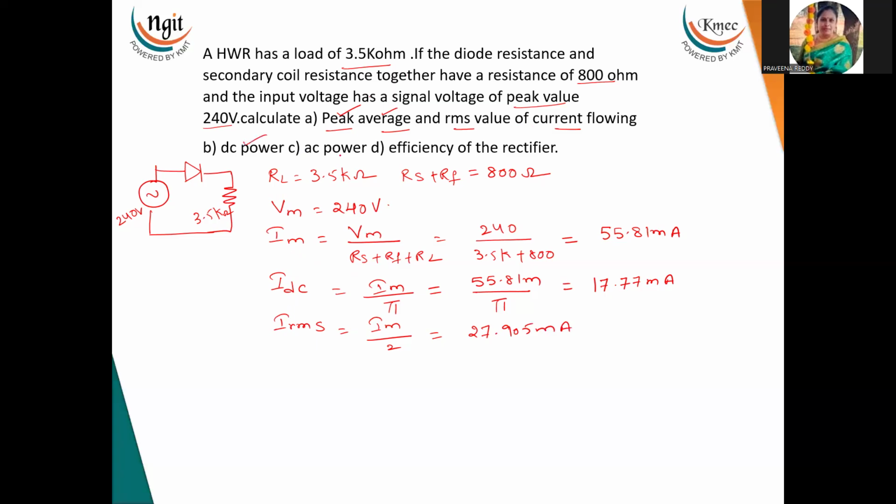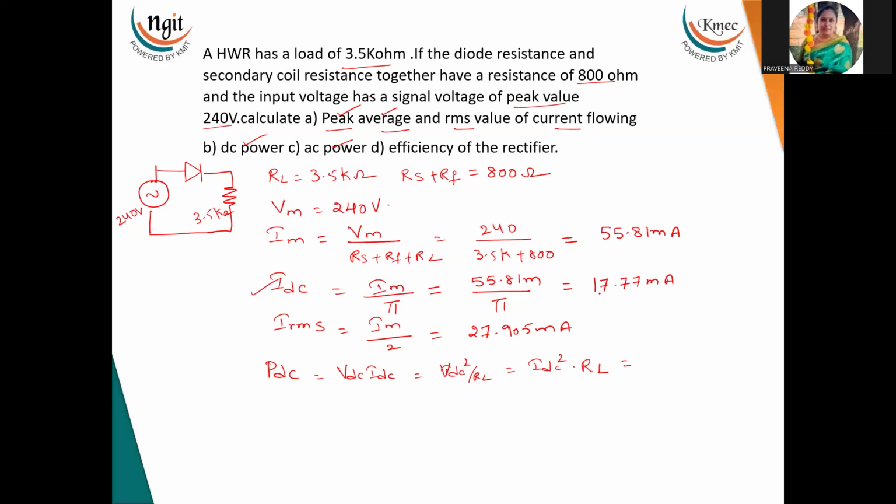Now, all the currents we derived. Now, DC power and AC power. So, DC power, PDC, there are three formulas: VDC into IDC, VDC square divided by RL, or IDC square into RL. Now in this, because we don't have a VDC, I will take the formula IDC square into RL. We have these two values.